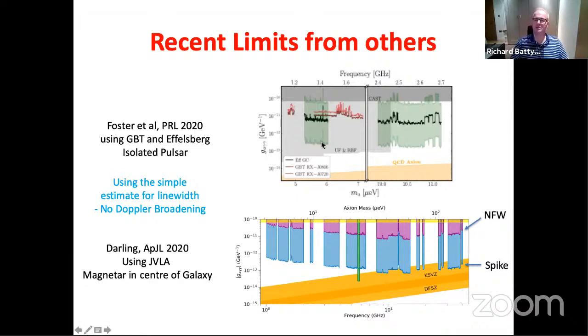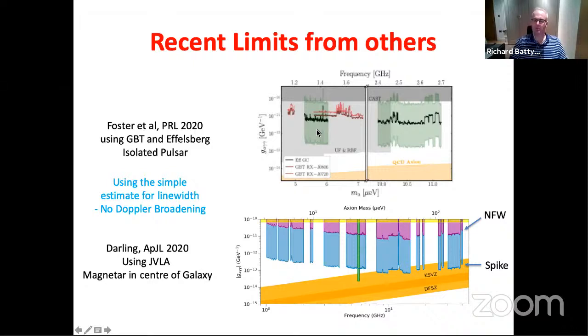But nonetheless, these are the observations that they have here. These are their exclusion limits dependent on various parameters of their observations, and they're in the region of 10 to the minus 11, 10 to the minus 12. This line here at 10 to the minus 10 is the CAST limit.